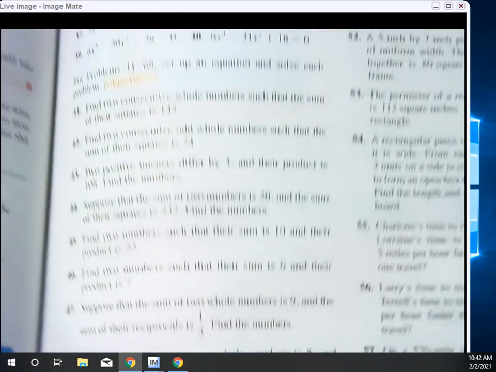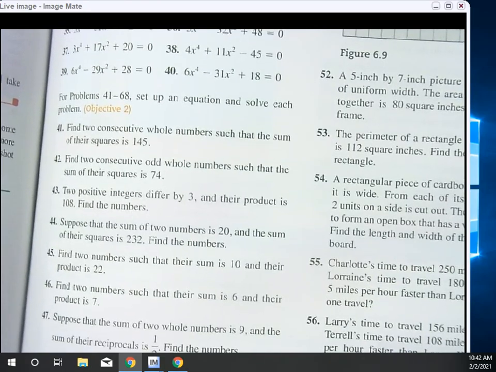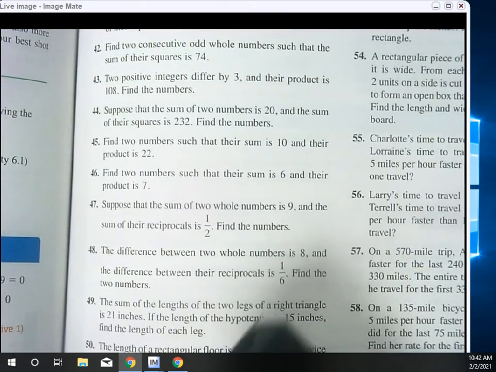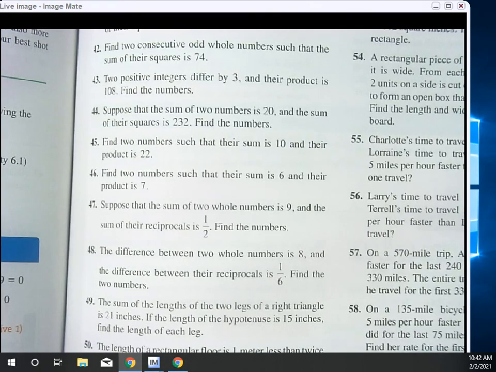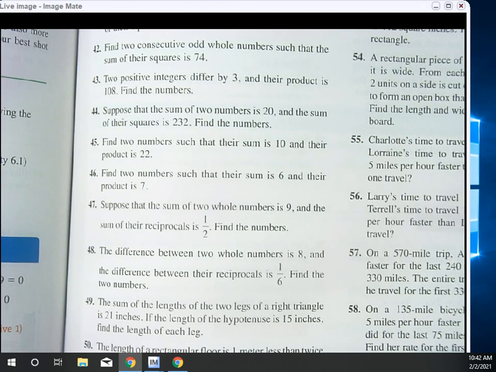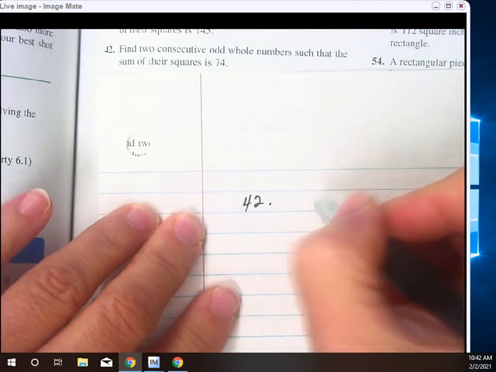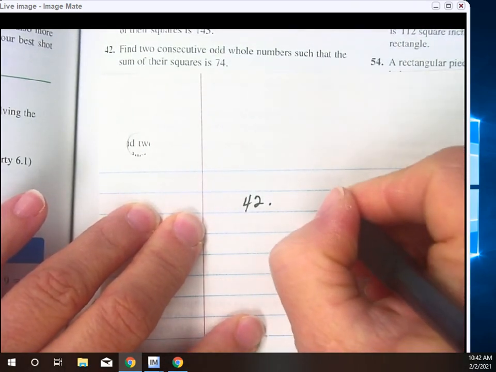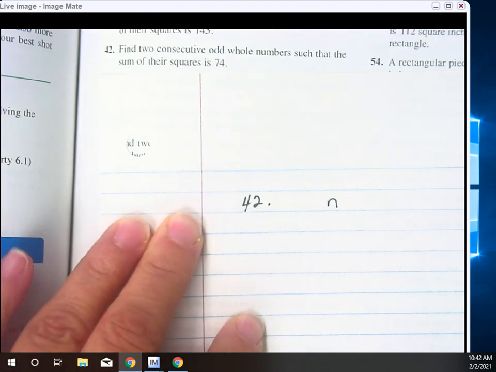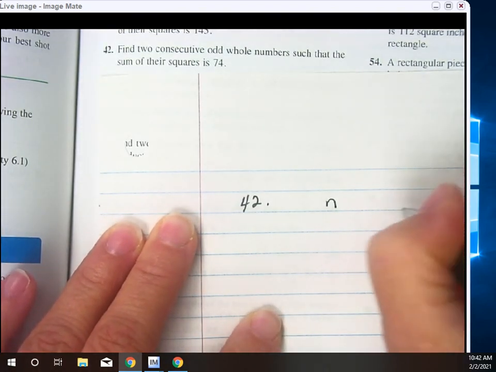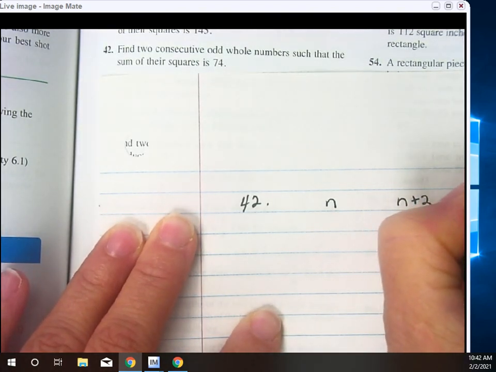It's number 42. Find two consecutive odd whole numbers such that the sum of their squares is 74. So how would I write if I have consecutive odd numbers? If n is my first number, what is my next odd number? N plus 2.